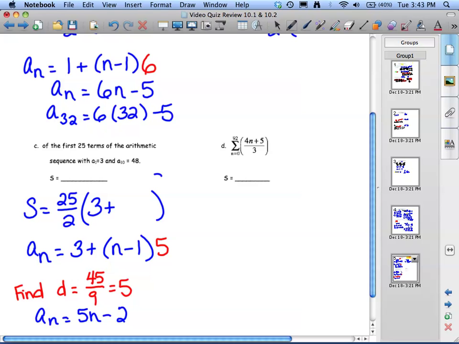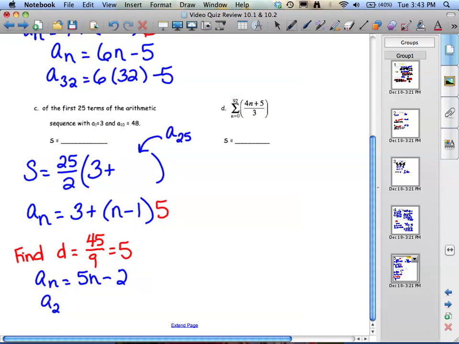So here I need the 25th term. I need a sub 25. If I want to find a sub 25, 5 times 25 minus 2, I believe, is 123. Use your calculator and figure this out. You get 1575.